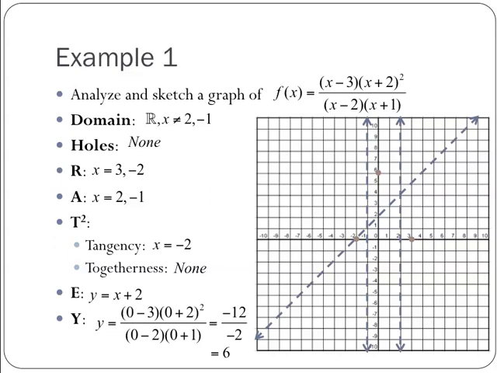Remember that the graph is going to get very, very close to the vertical asymptotes on either side, but never actually touch. Also, the other thing that we learned is that there is tangency at -2. That means that it's going to just touch -2 and then go right back.